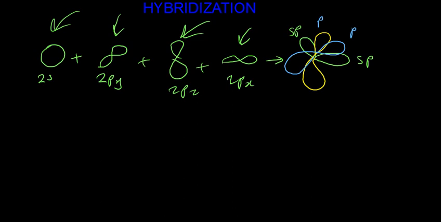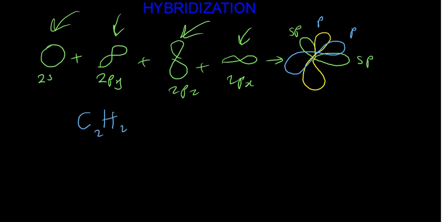Now it is this one which is going to undergo a chemical reaction to form whatever compound that we want to form. Okay. Now take for example, what compound can we use in this case? We can use C2H2.